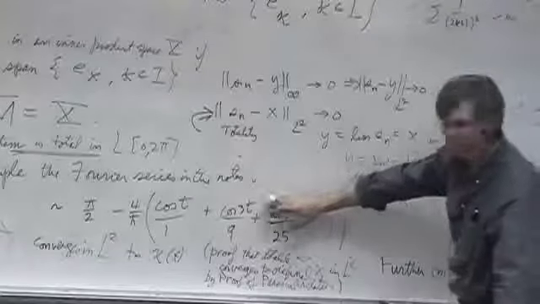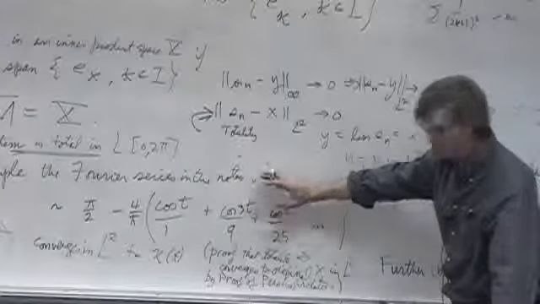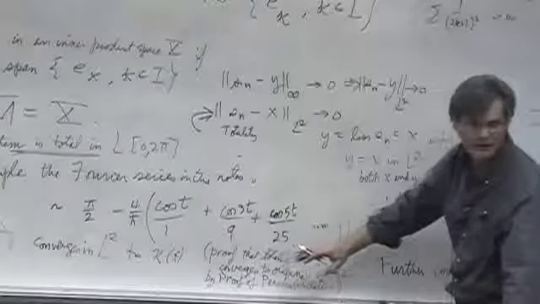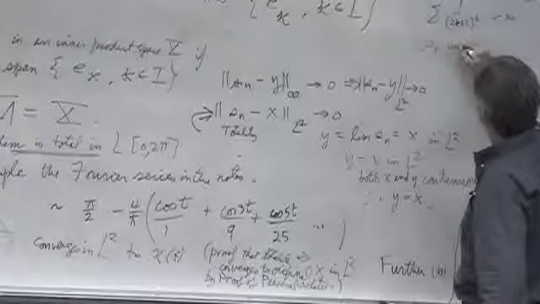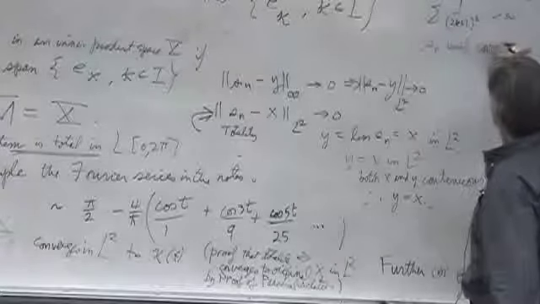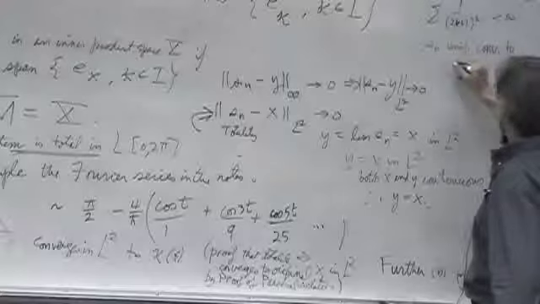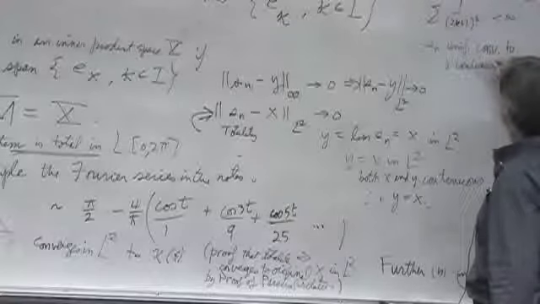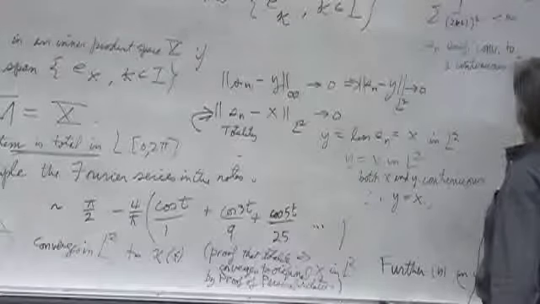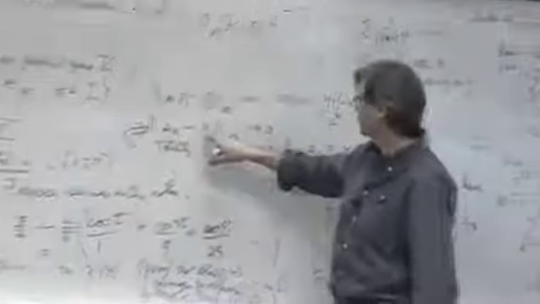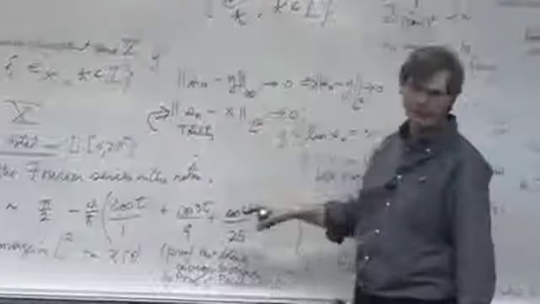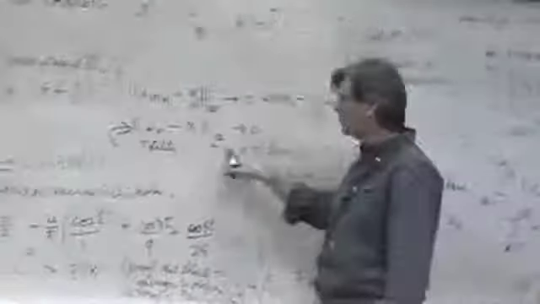And since the cosine is bounded by 1, this is a uniformly convergent series. Sn is uniformly convergent to a continuous function. But maybe y is not equal to x. Okay, but we know that Sn converges to x, the original function, by totality, in L2.